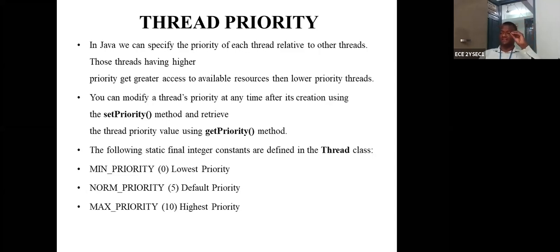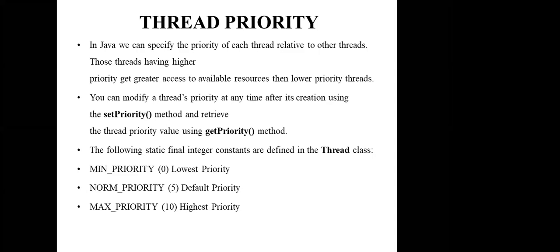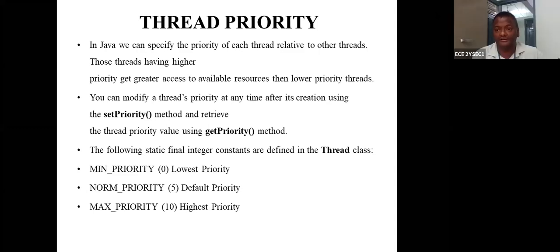Suppose five threads are there, then the execution time is divided into five parts: 1 by 5, 2 by 5, 3 by 5, 4 by 5, 5 by 5. The first 1 by 5 of the time is allocated to the first thread.